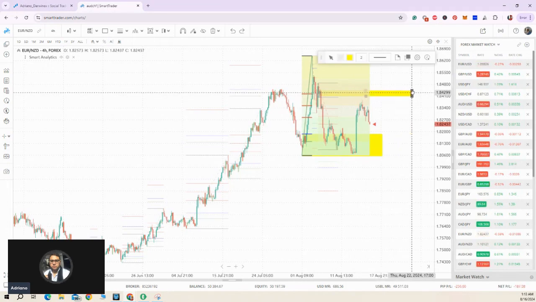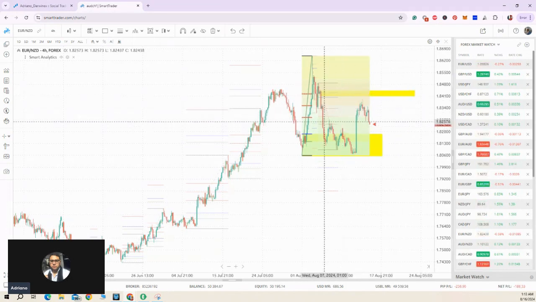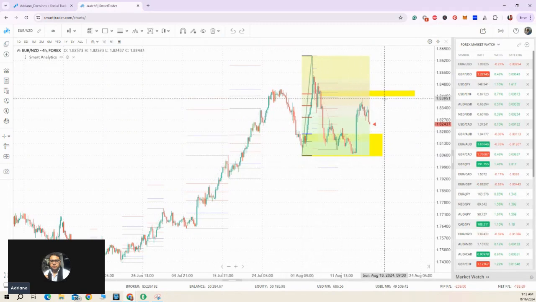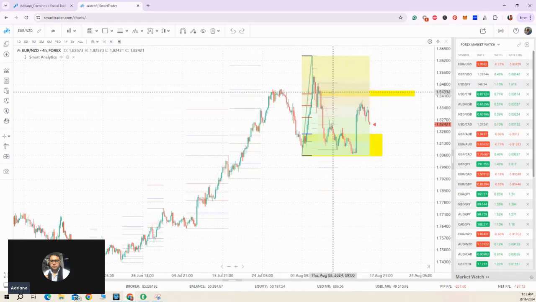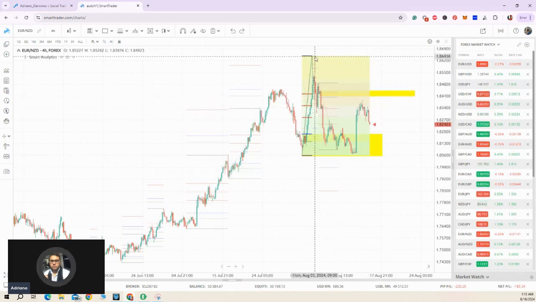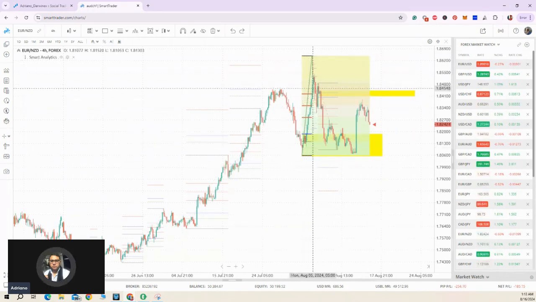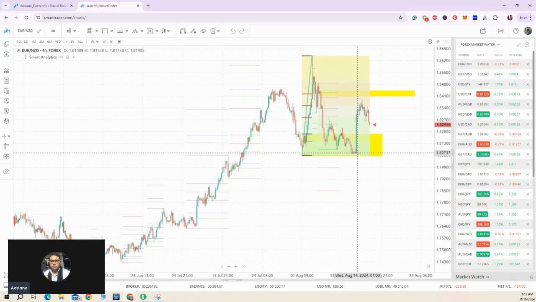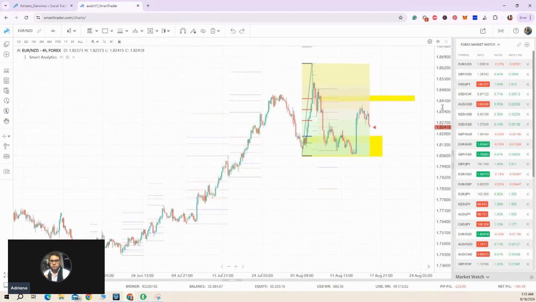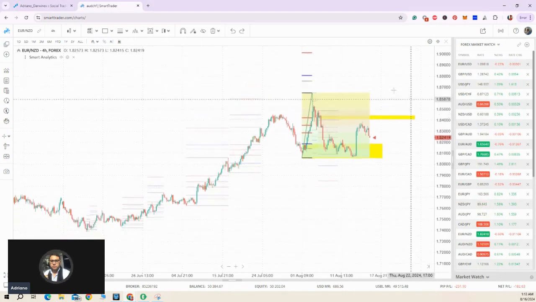And then you have this supply zone. The market's on an upswing on the H4, A, B, C. So we don't know if it's the C yet, because it didn't hit the target.